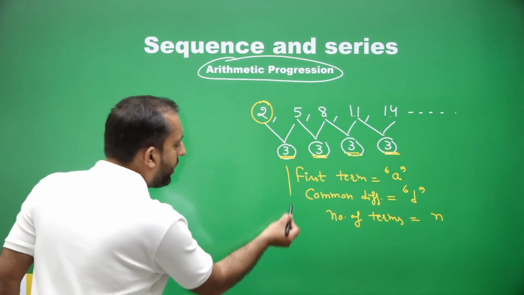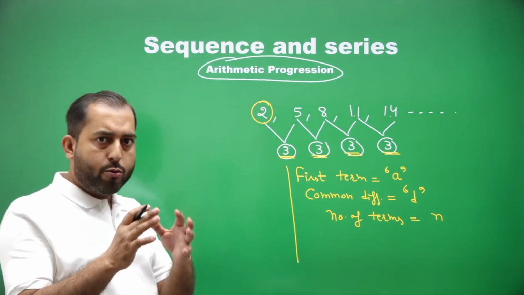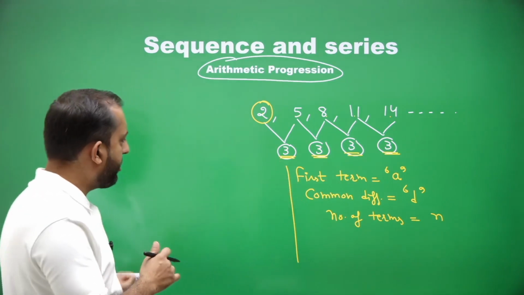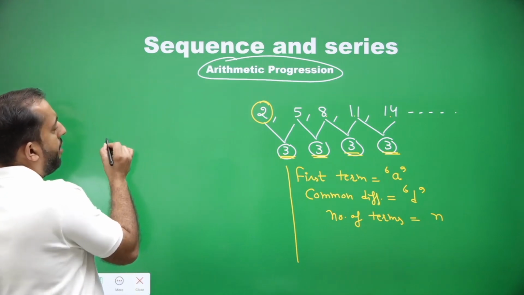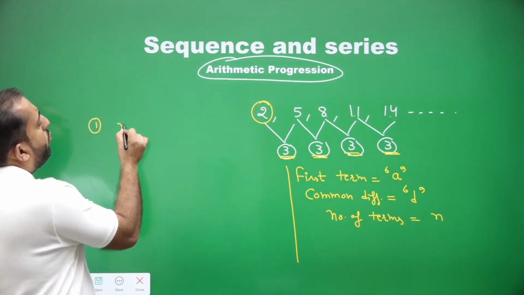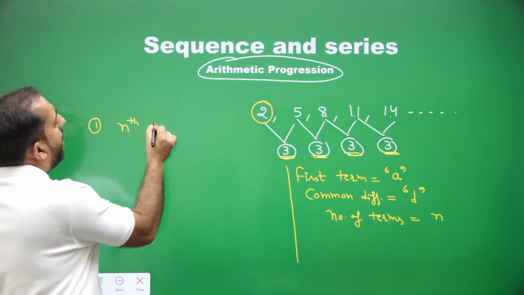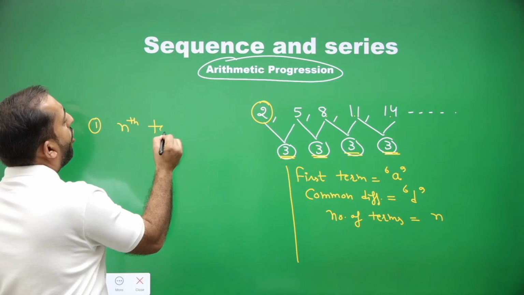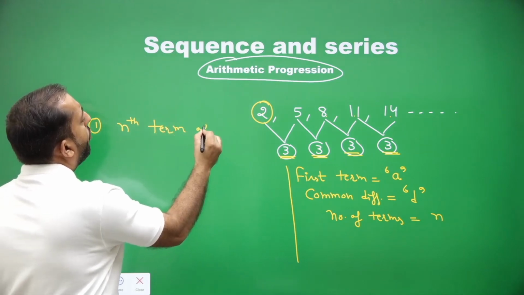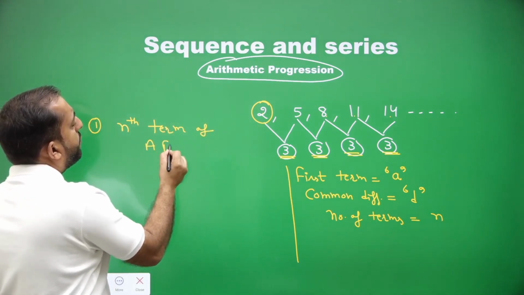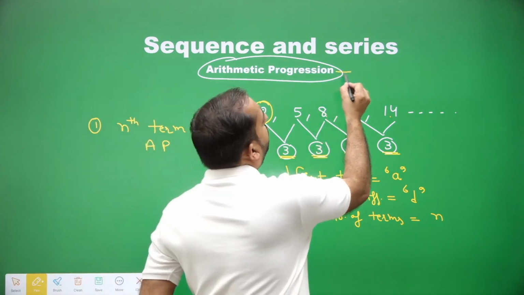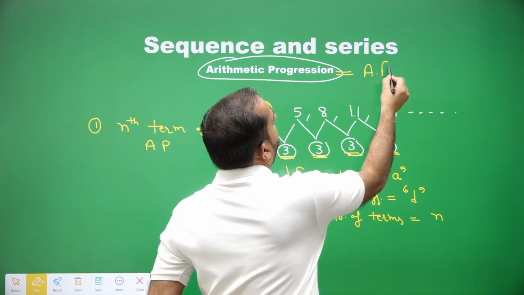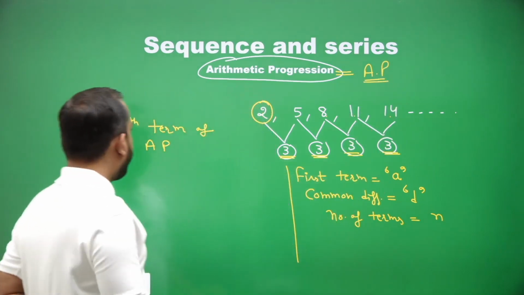Now, there are some formulas that you need to know related to arithmetic progression. Formula number 1 is how to find out the nth term of arithmetic progression. The short form for arithmetic progression is AP.